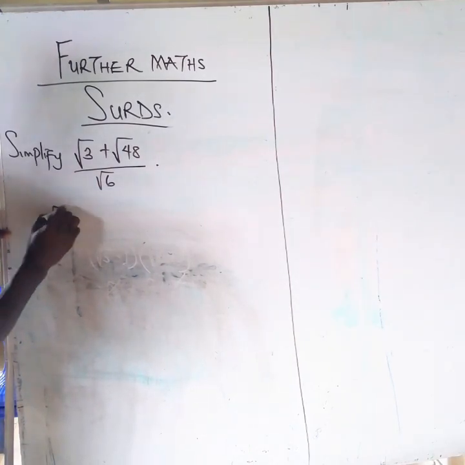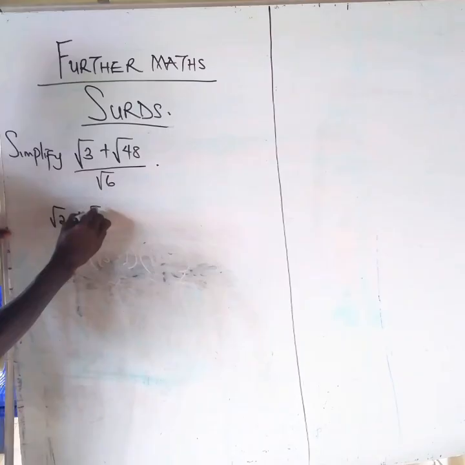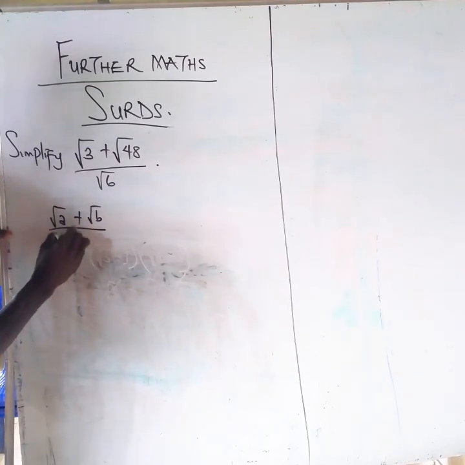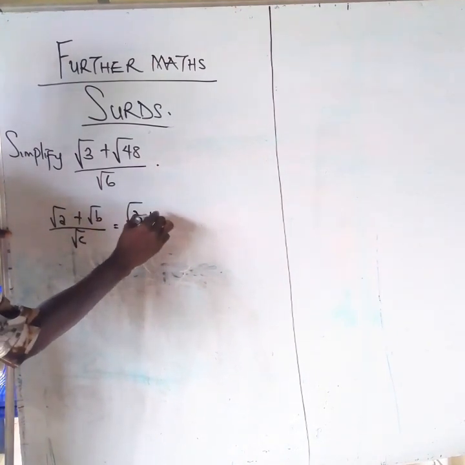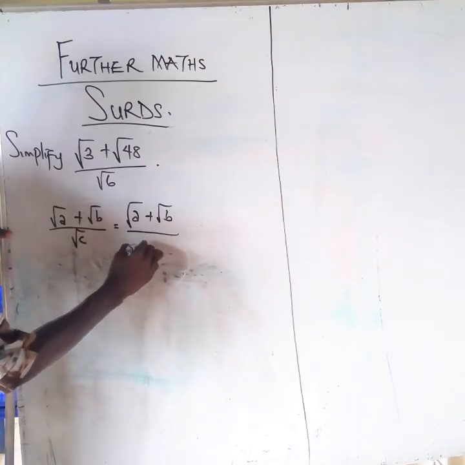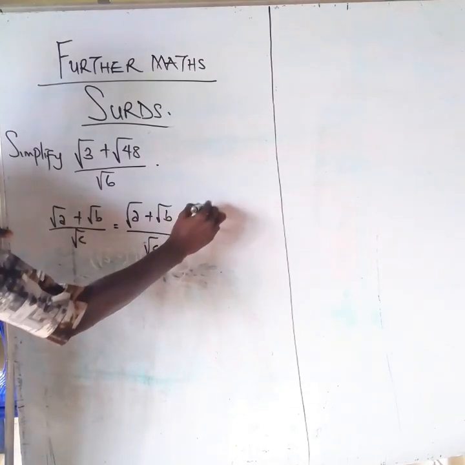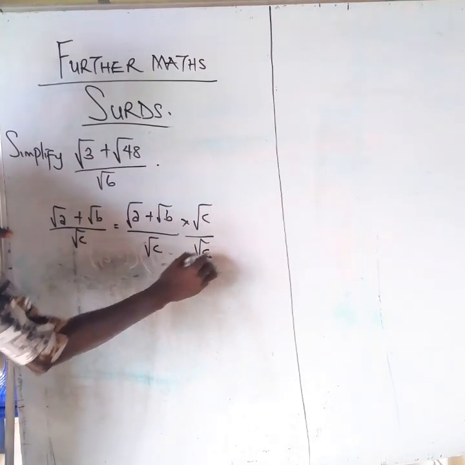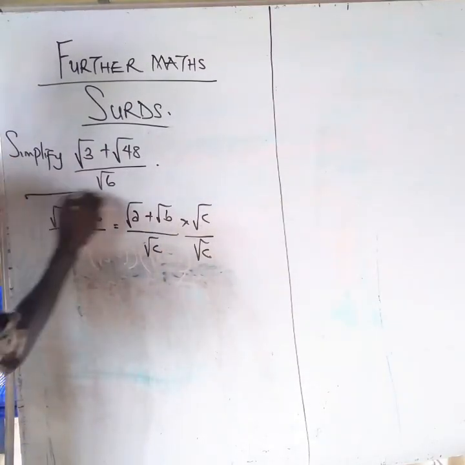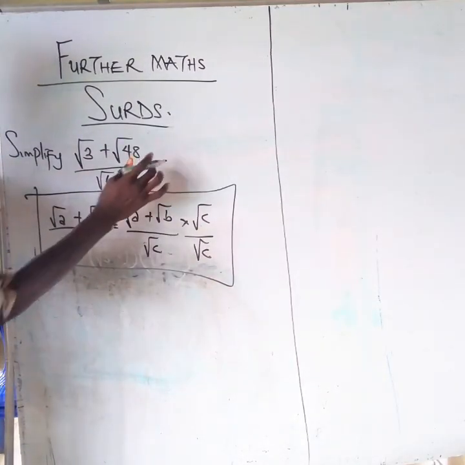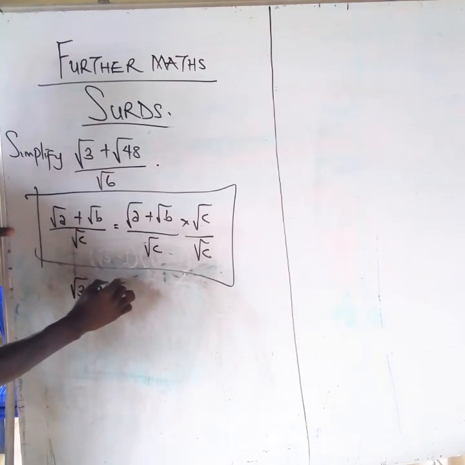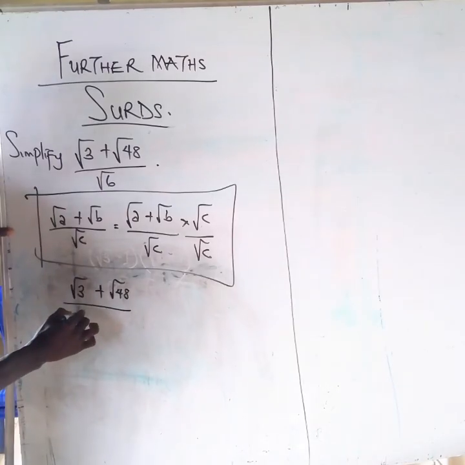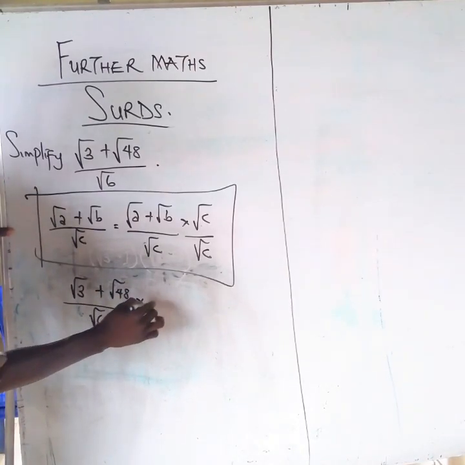If I'm having root A plus root B all divided by root C, it equals root A plus root B over root C multiplied by root C over root C. Now this is what I'm going to use to solve this. So using that, you have root 3 plus root 48 all into root 6. So I multiply all by root 6.